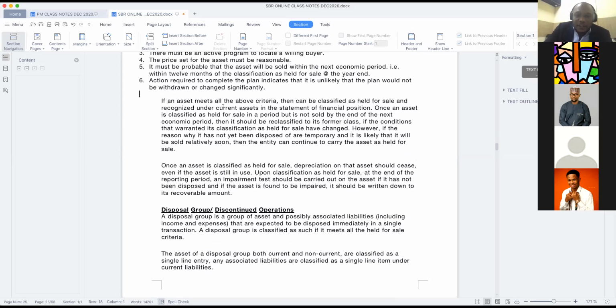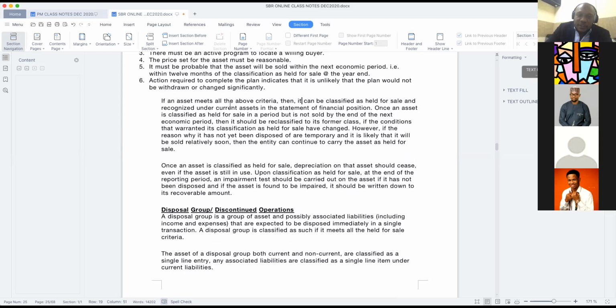Now, if an asset meets all the above criteria, then it can be classified as held for sale and recognized under current assets in the statement of financial position.